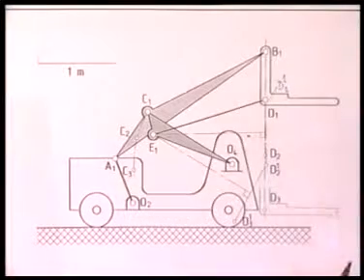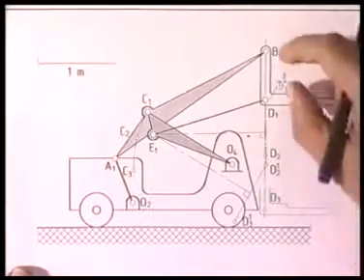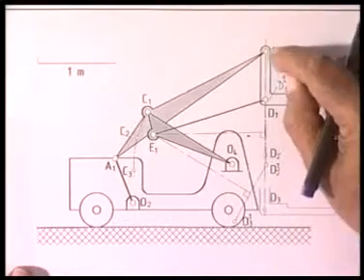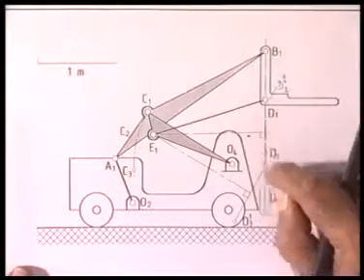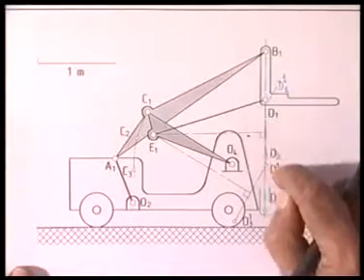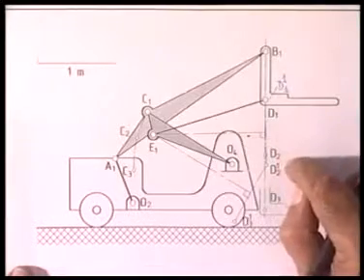So at this stage, I have finished the design of a 6-link mechanism which gives me a fork lifter where the fork goes almost vertically. At least it passes through B1, B2, B3, and the point D passes through D1, D2, D3, lying on this vertical line. Of course, there will be deviation a little bit as it goes from B1 to B2 from this vertical configuration.